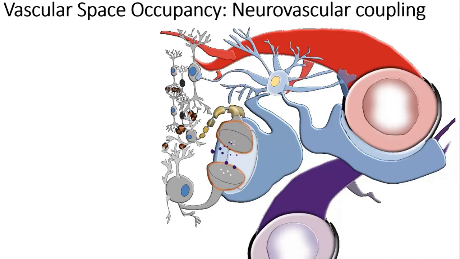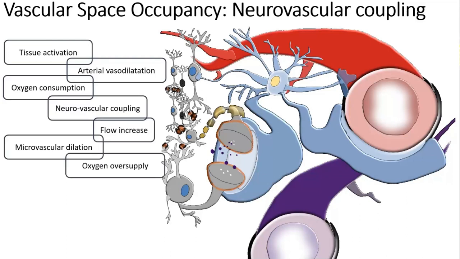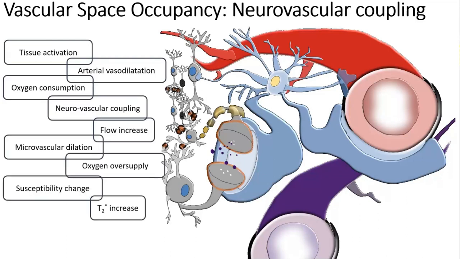What I'm trying to show here is that our voxels include very different structures, and when there is activation, there is an increase in energy demand at the postsynaptic sites, which then triggers an increase in blood flow, an increase in blood volume, and then there is some oxygenation exchange even at the venous side.